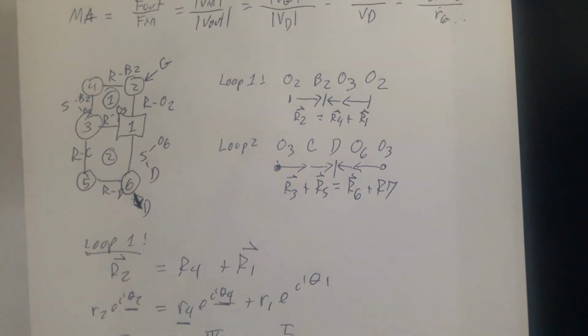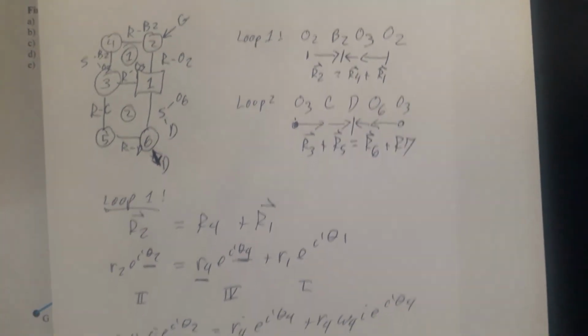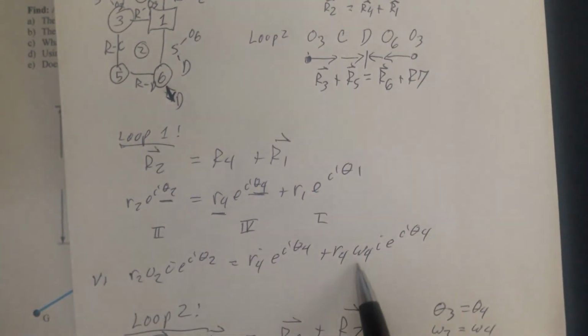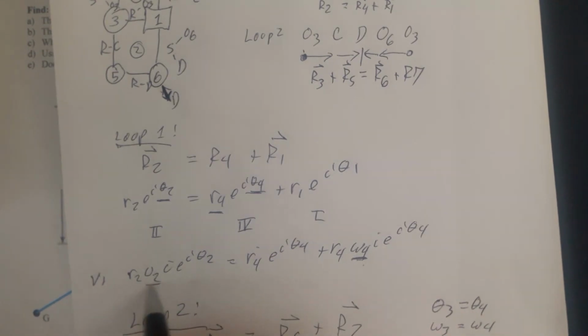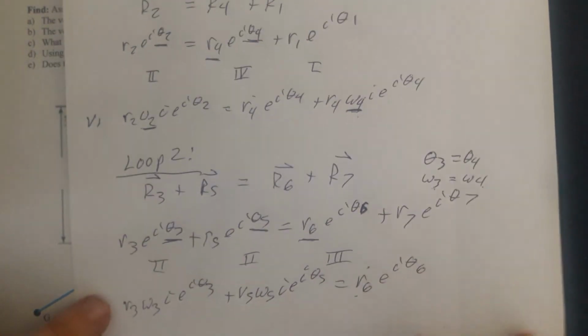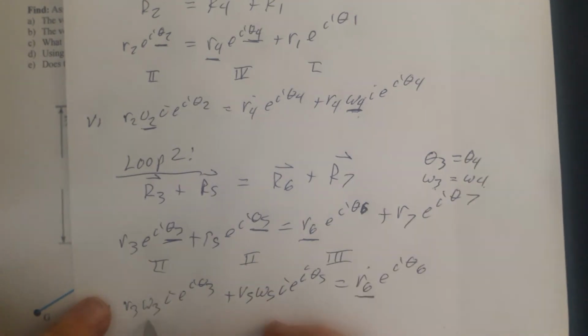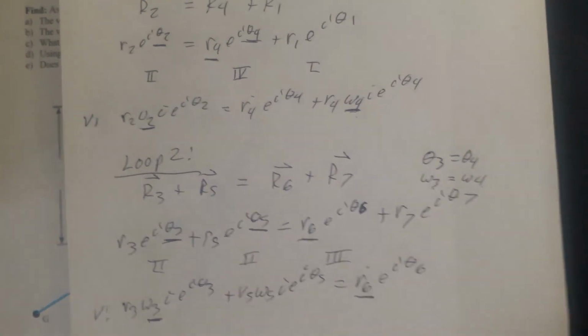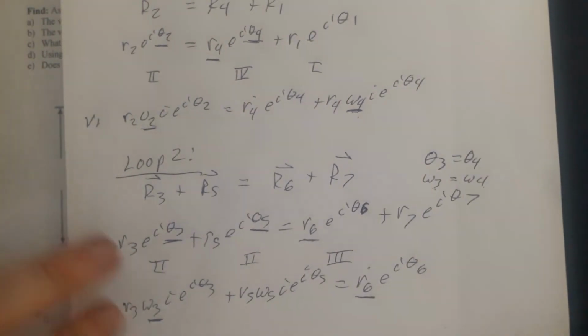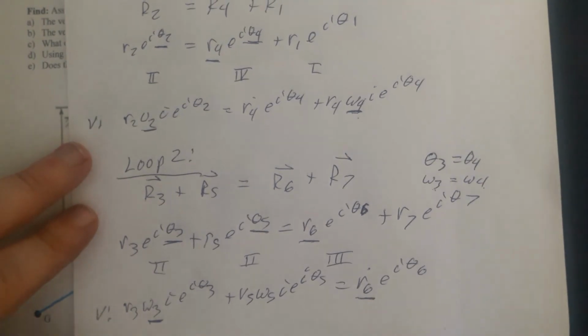Okay, and so what that tells me is I just need to find omega 4 in terms of omega 2, and then since omega 3 equals omega 4, I just need to find R6 dot in terms of omega 3. Okay, so I don't need to do a full velocity analysis. I just need to find a few of the relationships so I can find the mechanical advantage.